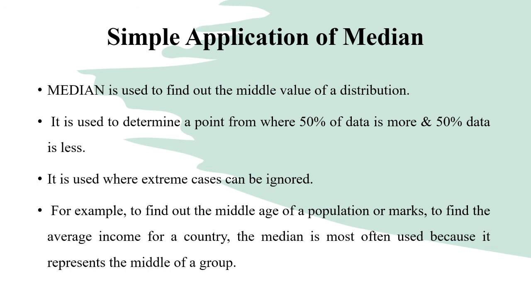For example, to find out the middle age of a population. To find out the average income for a country, the median is most often used because it represents the middle of a group.